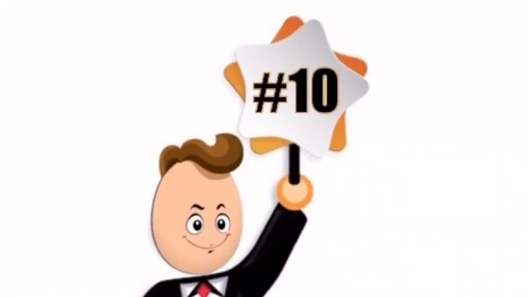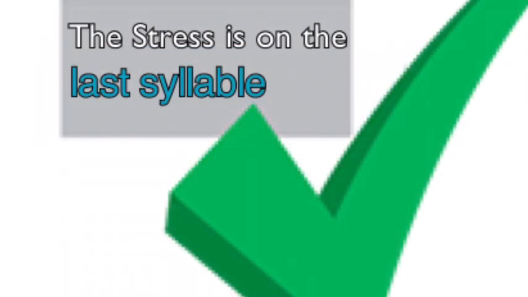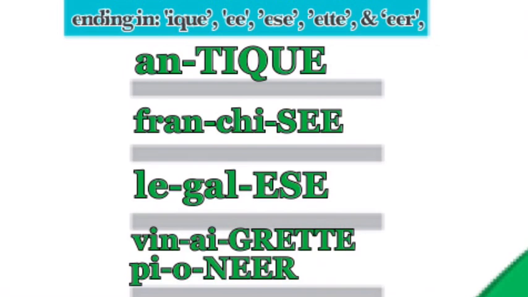Tip number 10, here we go. For words ending in ique, ee, ese, ette, and eer, they usually carry their stress on the last syllable. And most of those words are of foreign origins also. Examples: an antique, franchisee, legalese, vinaigrette, a pioneer.